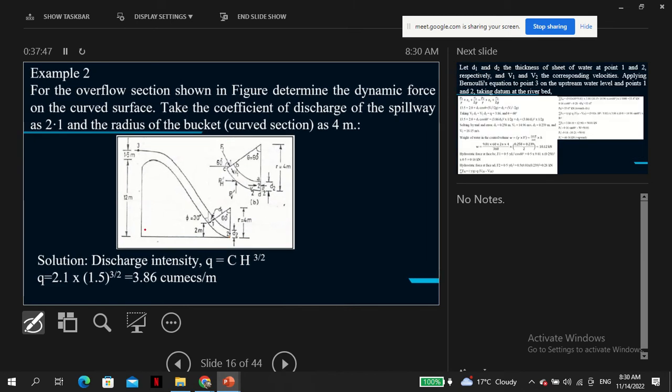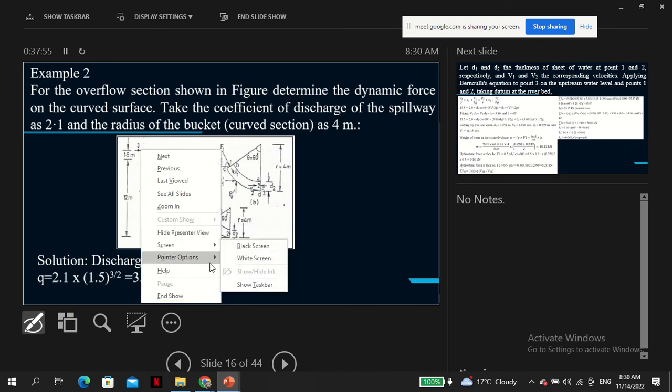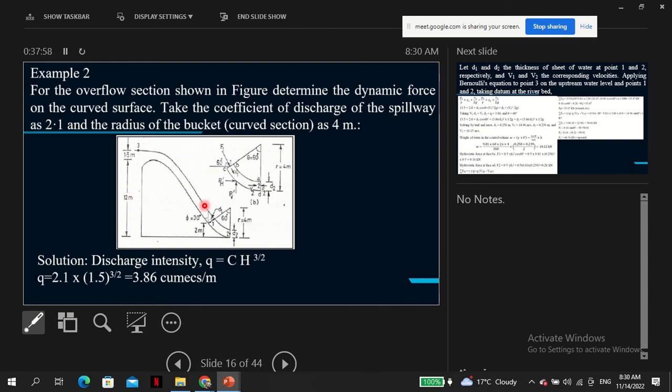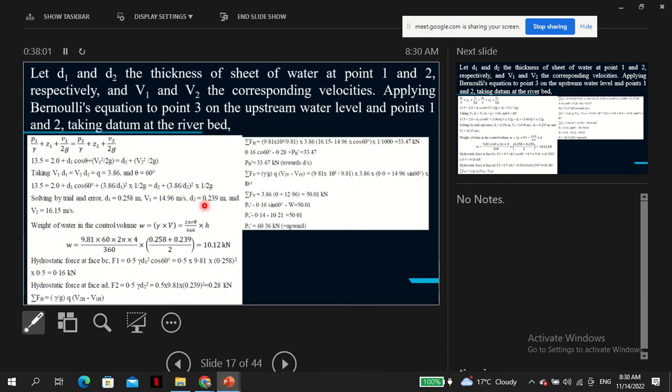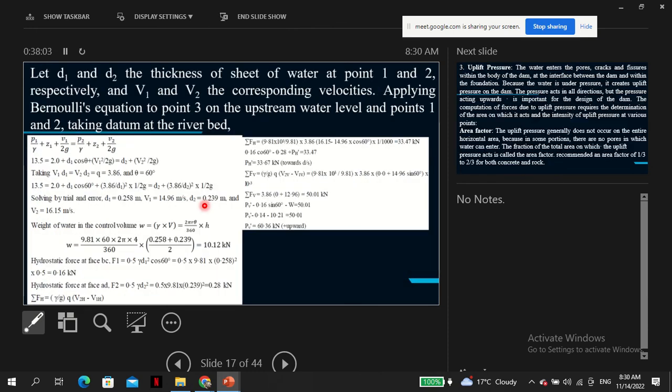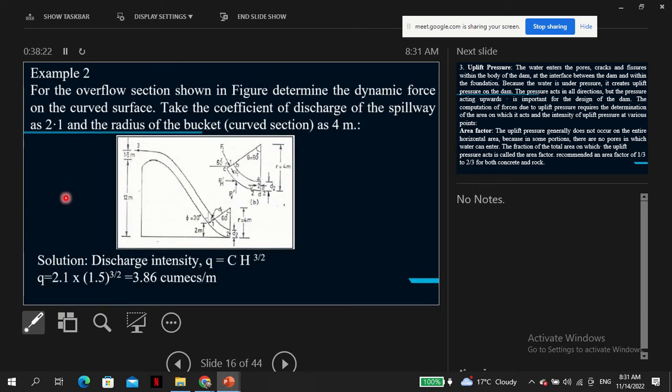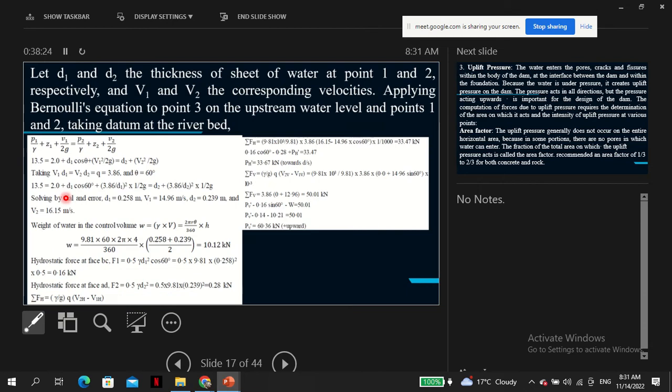So points 1, 2, and 3 are your references, and of course the principle of conservation of energy is maintained. I think you can see these details for yourself and figure out what is happening there.